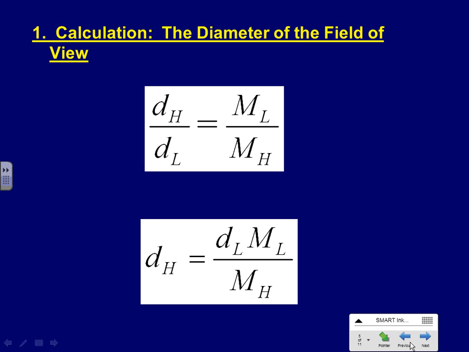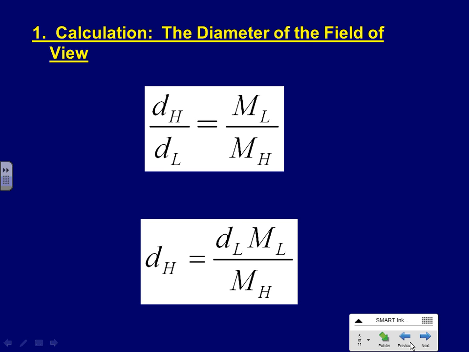Now, we've used low in our note the other day to describe low magnification. What these H's and L's really stand for is the higher magnification and the lower magnification. So if I was comparing low to medium, then the medium would be the higher one, and it would go into the high spot on my equation.